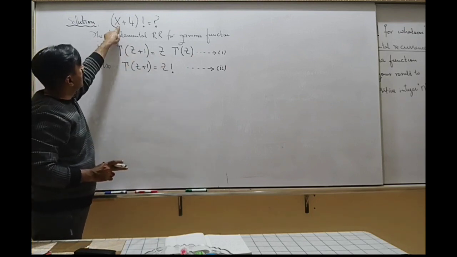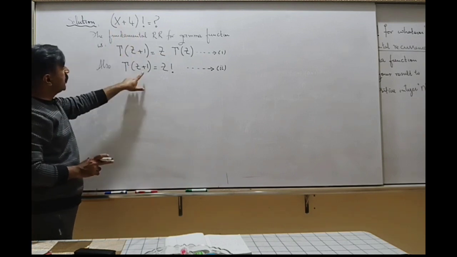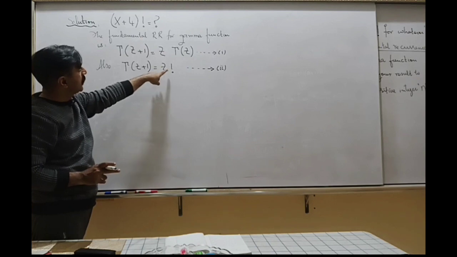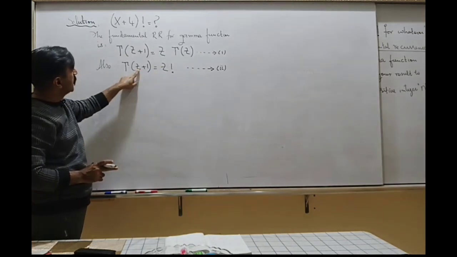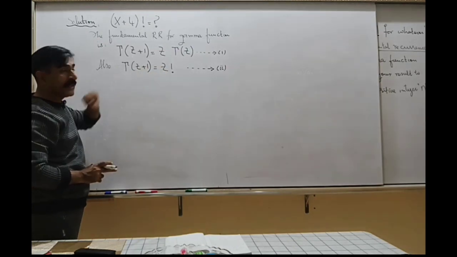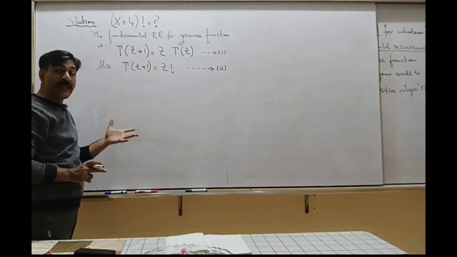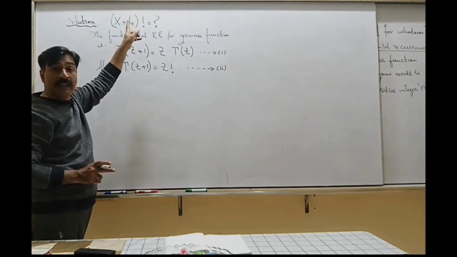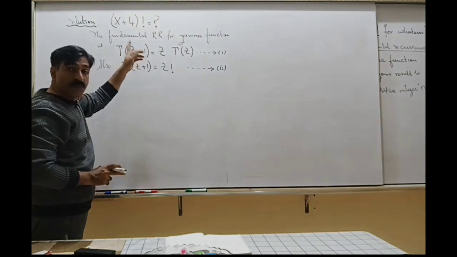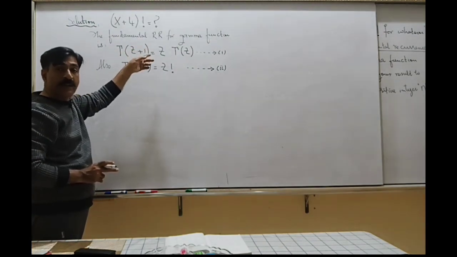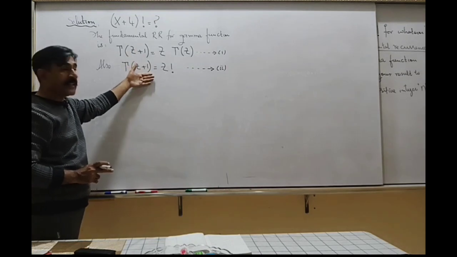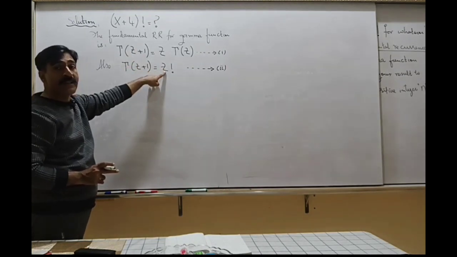For a factorial of x plus 4, we can use this relation. What should z be, so that you have x plus 4 here? For x plus 4 factorial, z should be x plus 4. So in this equation, replace z by x plus 4, which would mean that x should be some real number or some complex number. This was not reported in the question, but our relations on gamma functions indicate that z is a real or complex number.